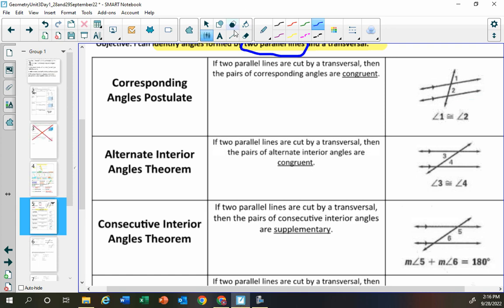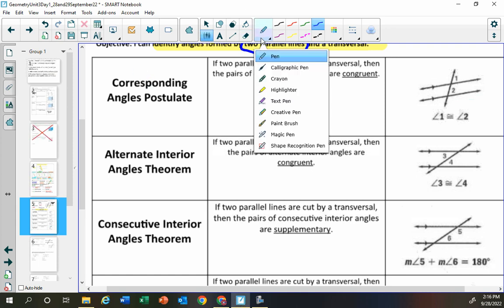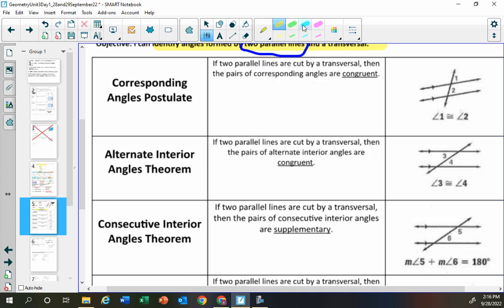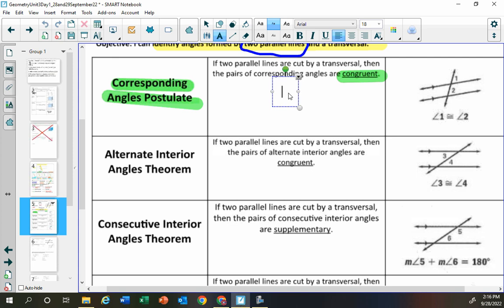So I want you to either highlight, do something. If it's corresponding, congruent, it means you set them equal to each other. So corresponding, set your angles equal to each other.